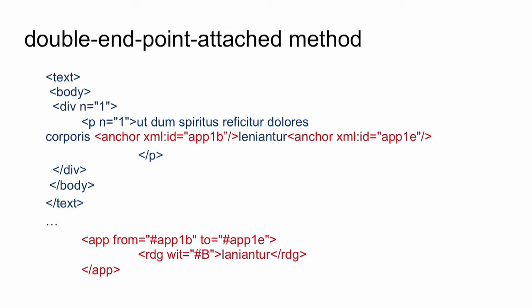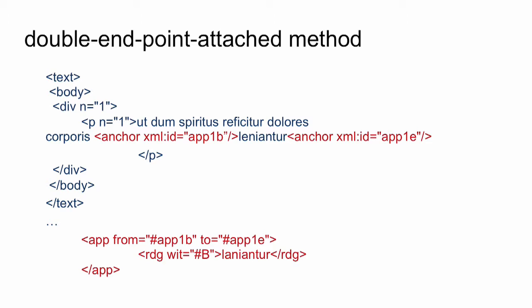That is, they are not wrapping up some text, they are just marking a point in the text. So you mark the point just before the lemma, just before l'enianto, and just after it. And you give an ID, a unique ID, with the xml:id attribute, to each of these anchors, the beginning and ending of the lemma.